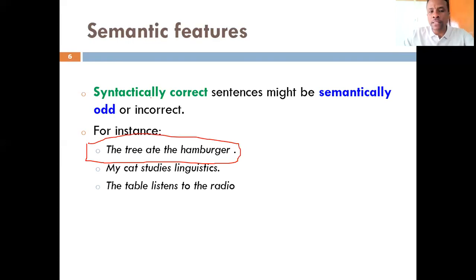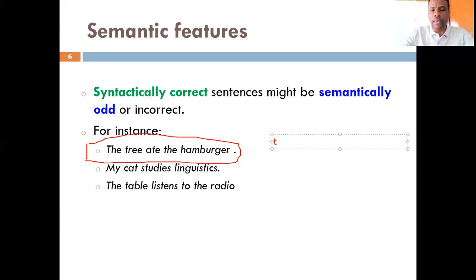Martha, why do we say this sentence is wrong? Because the tree does not eat a hamburger. You see? Now, tree is a word, right?